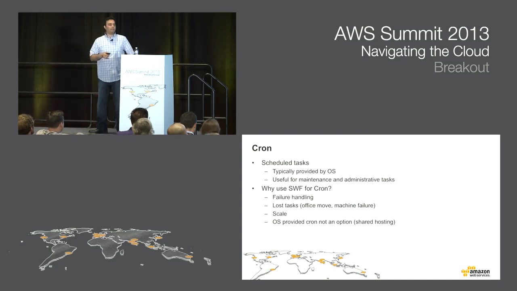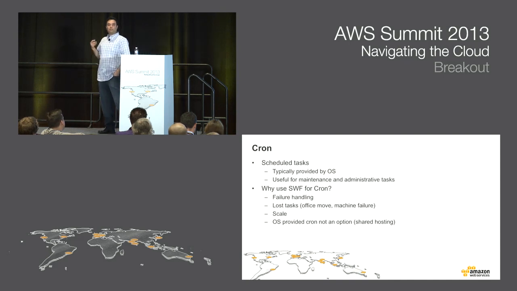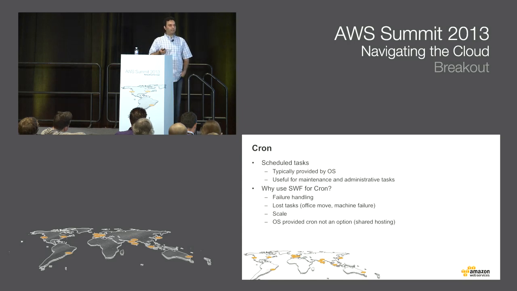So if cron is available in the operating system, why might you build similar kind of functionality with Simple Workflow? Well, there are several good reasons for that. The first reason is that when you run cron on a single machine in the operating system, that single machine is your single point of failure in the system. If that machine goes down, then your cron is no longer running.